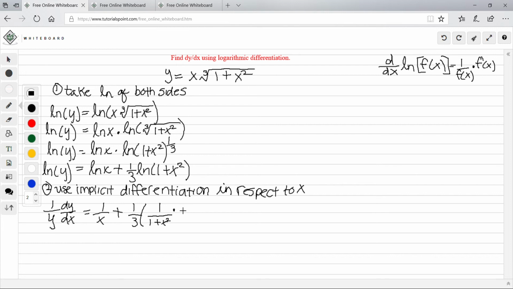The derivative of 1 plus x squared is just 2x. So let me clean this up. That's 2x over 3 times 1 plus x squared.